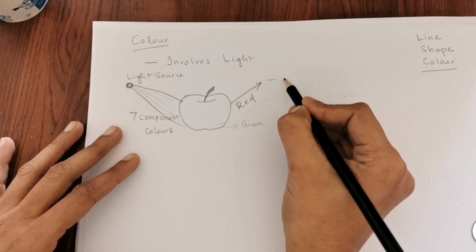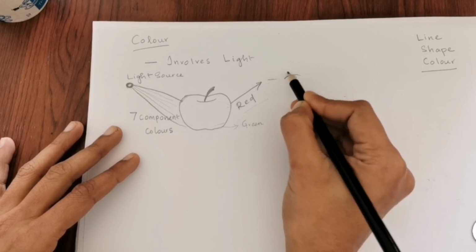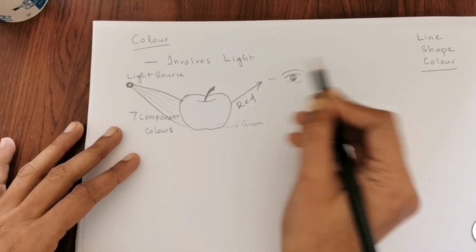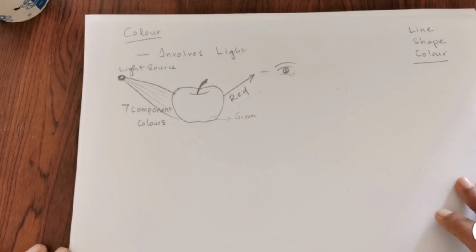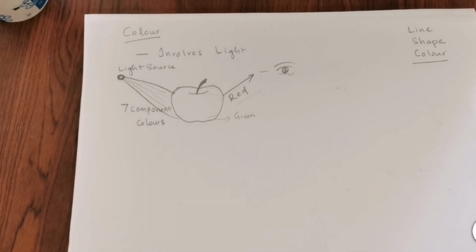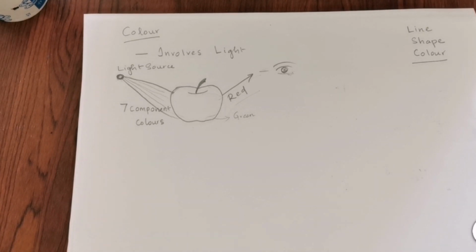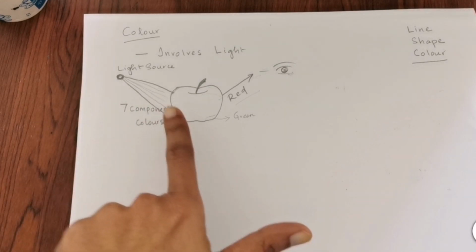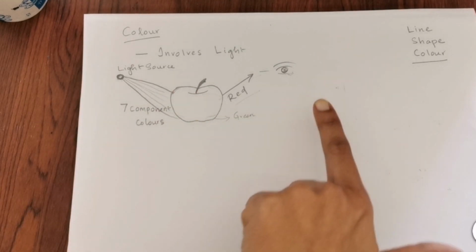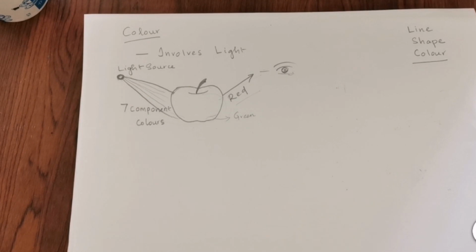Only a single color is reflected from a particular area, and that color will be dominant, and that color is what we see in our eyes and how the object appears to be. So this is how color is visible, and this is what color is. This is for your understanding as a teacher. If suddenly some student comes and asks what really a color is, you can explain this to them.